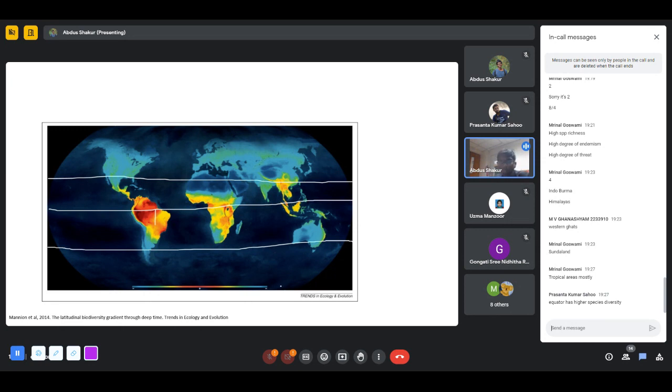So you are seeing a gradient in the number of species. This gradient is called the latitudinal gradient. This is 0 degrees latitude, as you know the equator is 0 degrees, and the Tropic of Cancer is about 23 degrees.